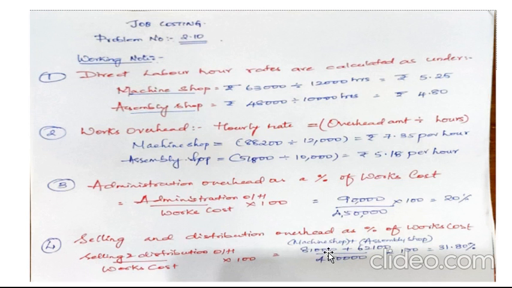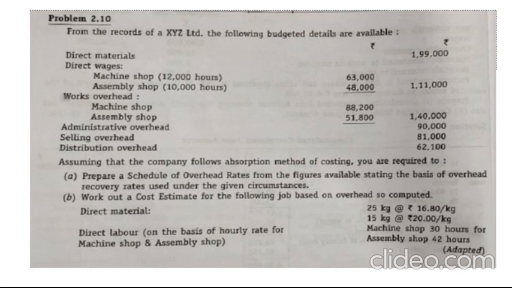So how much is your machine shop's selling and distribution? 81,000 and assembly shop's is 62,100. Divided by 4,50,000 into 100, which will give you 31.80%.